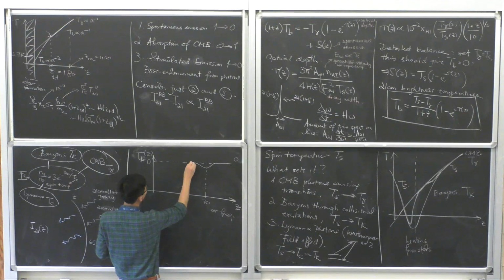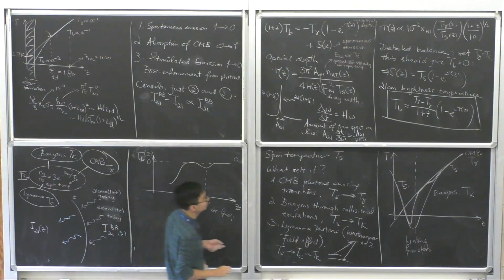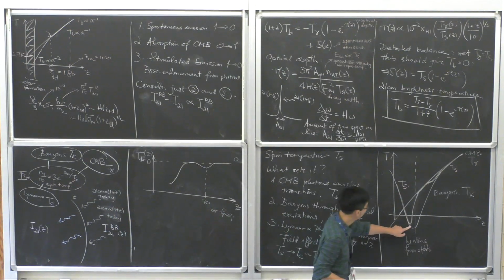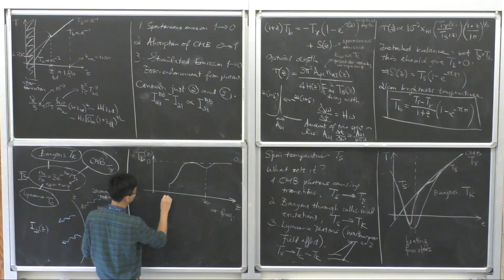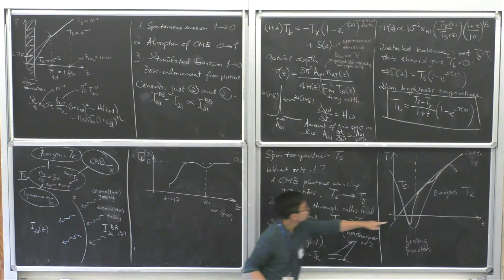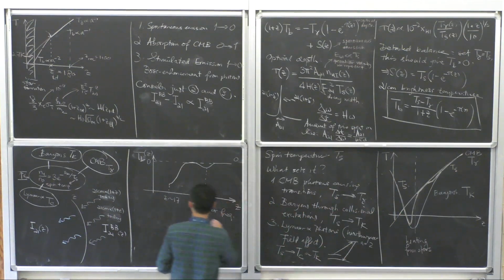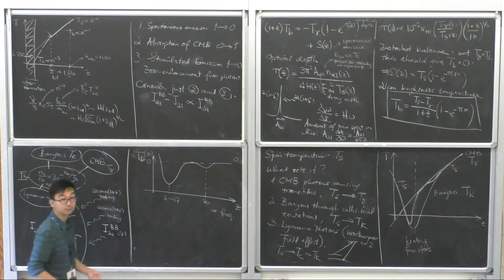And then at some point, it stays at 0 for a little bit before it dips down. Down here at about Z of 17 or so. And then the baryon temperature crosses the CMB, and so that causes it to kind of go up and go positive.